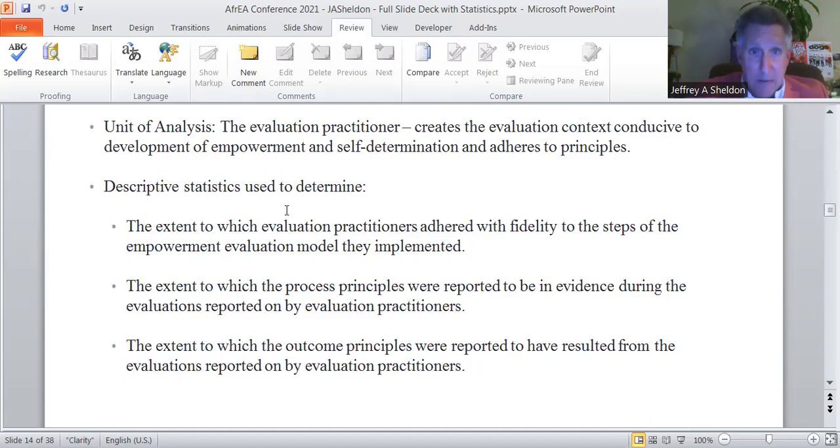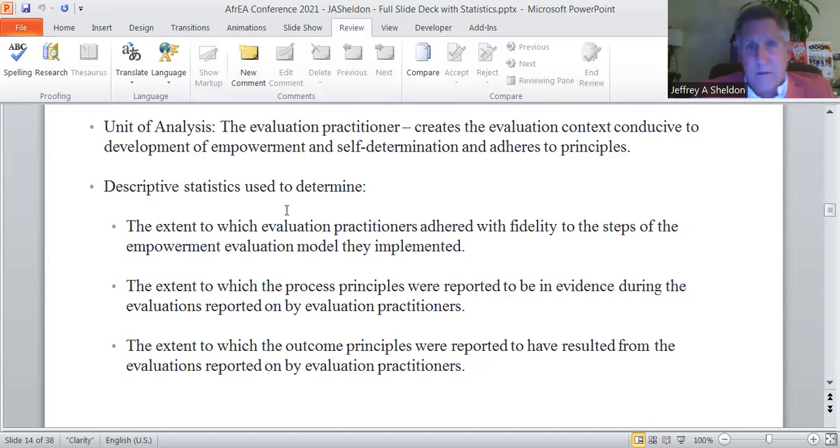So the evaluator creates the evaluation context conducive to development of empowerment and self-determination, and the person adheres to those principles. The evaluator does the steps of the model and adheres to the principles. And so that's why the evaluator is the unit of analysis.